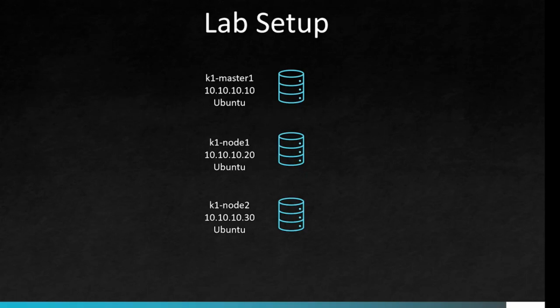I have all the host names set in each of the nodes, and each of those names is in a host file in Ubuntu with the corresponding IP address to make it easier. Even though there are only 3 nodes, if you had to do this in a production environment with 10 different servers or more, you could see how this would be hard to remember. It's easier to do it this way so you don't have to rely on remembering all the IP addresses.